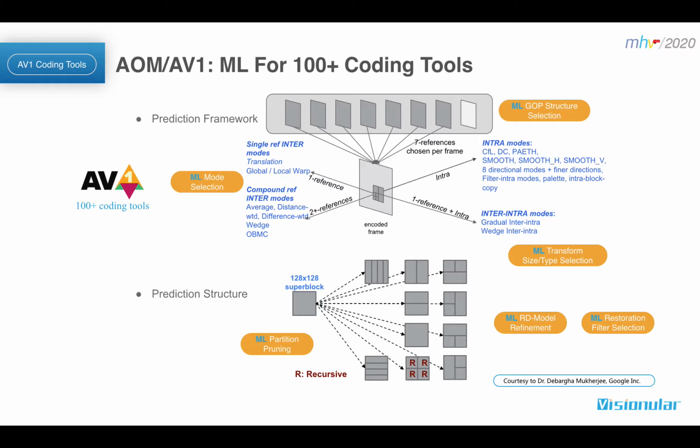And we would suggest that anyone who is interested in the use of machine learning for AV1 encoder optimization can simply download the code base of libaom and search the keyword neural networks in the submission comments.